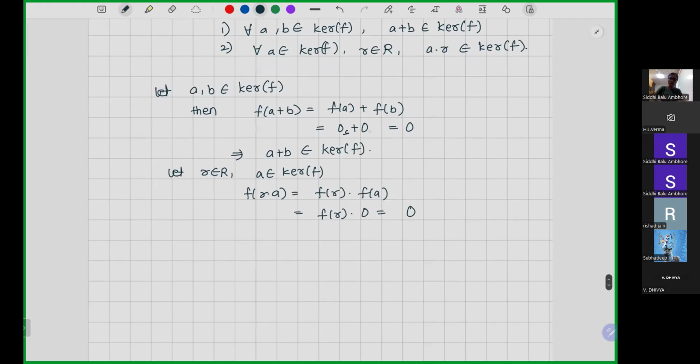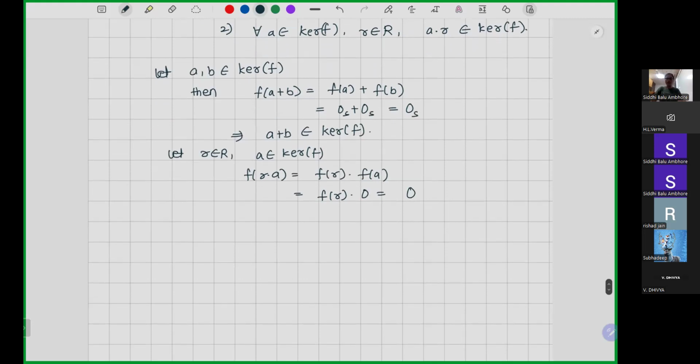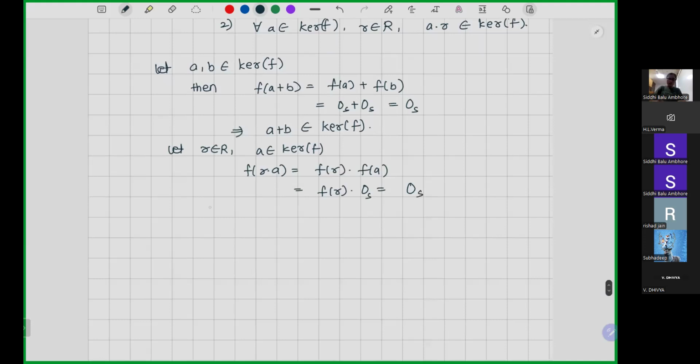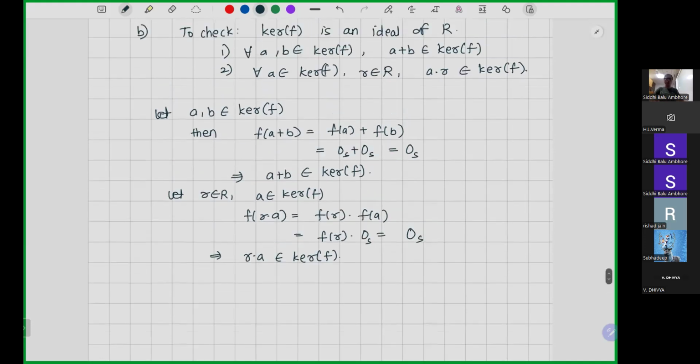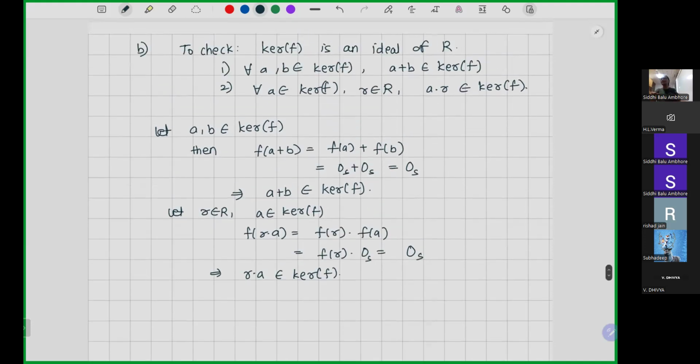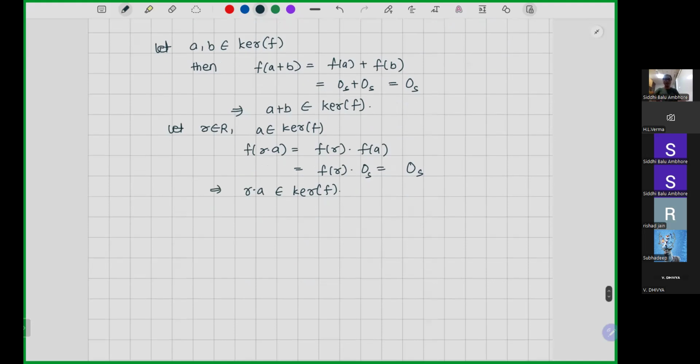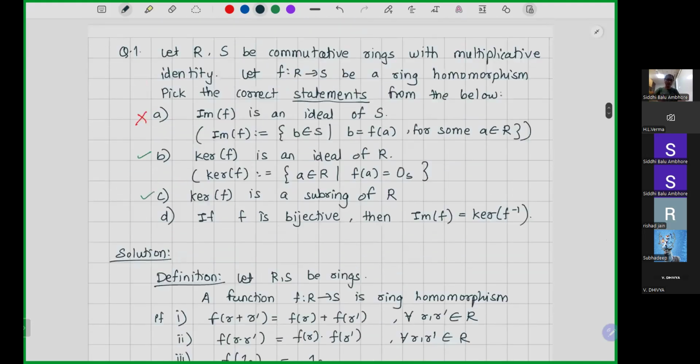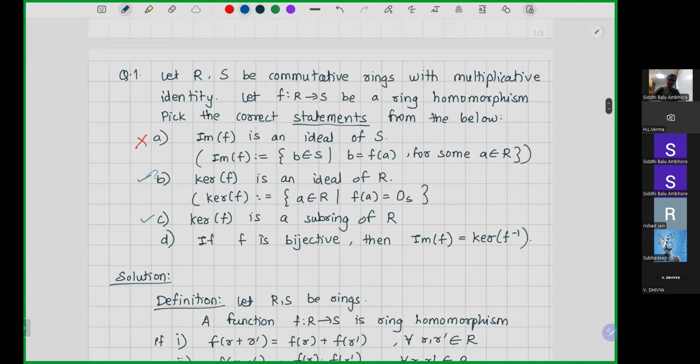So these zeros are zeros of S. So this implies that r times a belongs to my kernel F. So both the conditions of ideal are satisfied by the elements from kernel F, and the elements which we chose were arbitrary. So this answer is indeed correct. Okay, so the guess which was made is correct.